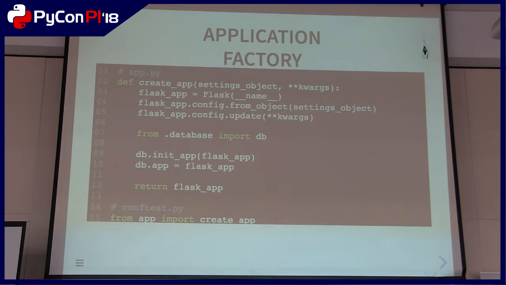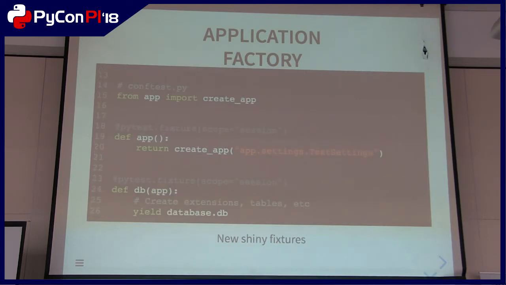Basically, the idea is to isolate this behavior in a separate function. So here we have it, and it's the same but isolated. Here we can use it in our test suite. We have a separate fixture that calls this function.